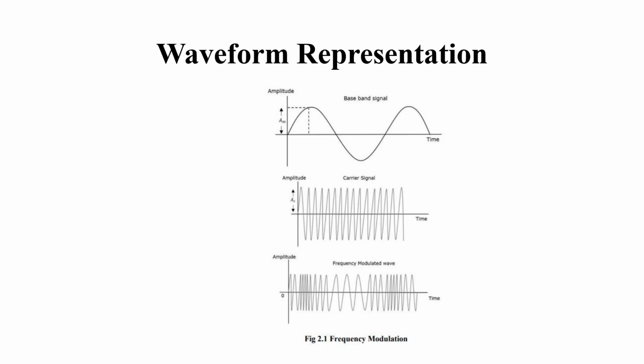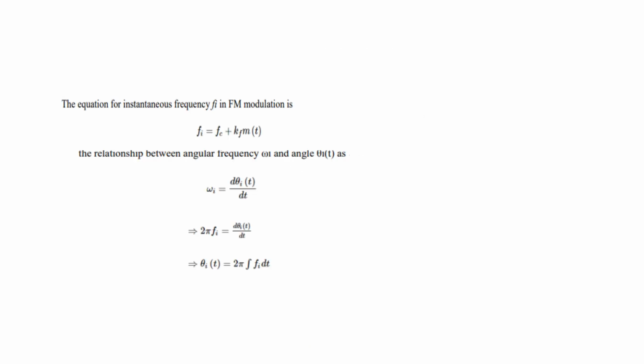And once again, if the signal goes from the negative peak increasing towards the positive half cycle, the amplitude of the message signal increases, so we use more high frequency cycles to represent the carrier signal. Likewise, the graphical representation of the signal is shown.